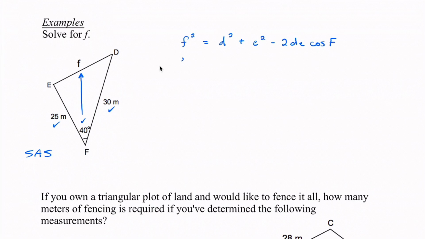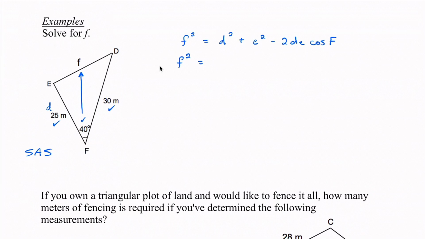Okay, so now that we got this, let's just start to fill it in. So f squared equals the d, that is this, that's 25. So we got 25 squared plus e, that's that side across from the angle e. So that's 30 squared minus 2 times d, which we said was 25, times e was 30, times cos of f, and f is 40 degrees.